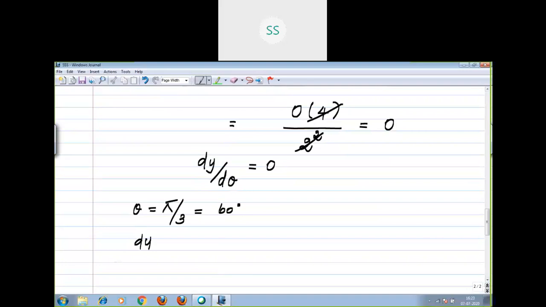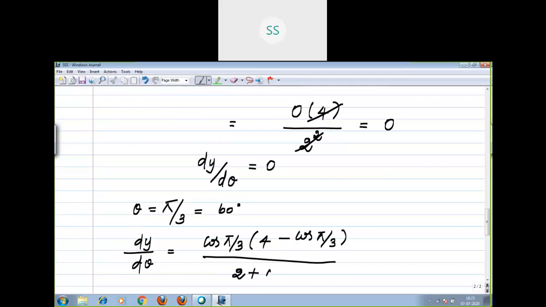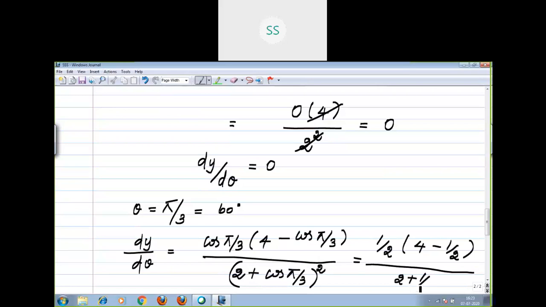Next, dy by d theta equal to cos theta, cos 60 degree, that is cos pi by 3, into 4 minus cos pi by 3 divided by 2 plus cos pi by 3 the whole square. You know, cos 60 degree is nothing but 1 by 2. So 1 by 2 into 4 minus 1 by 2 divided by 2 plus 1 by 2 the whole square.